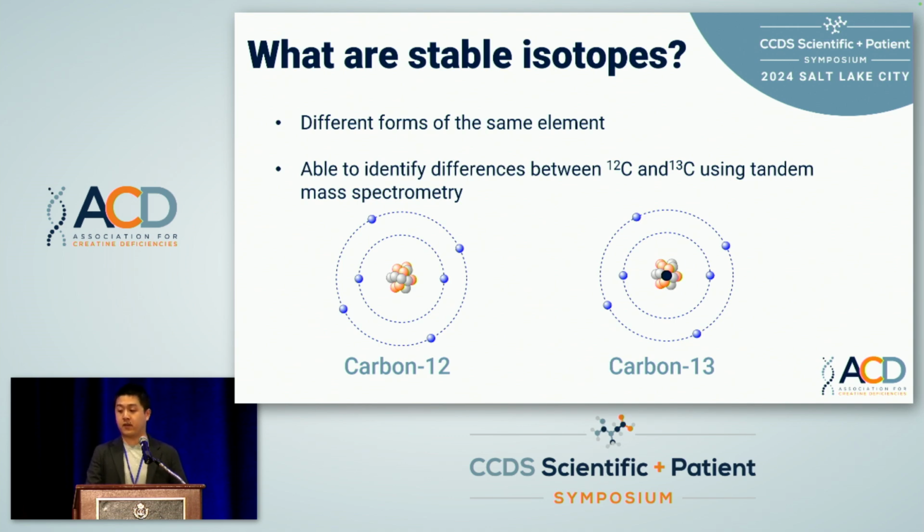Its stable isotope counterpart, carbon-13, instead contains 6 protons with 7 neutrons, therefore giving an atomic mass of 13. As I mentioned previously, tandem mass spec works to identify compounds based on their mass-to-charge ratio. Given that carbon-12 and carbon-13 have different masses, this allows us to differentiate between these two compounds. As such, we can then use stable isotopes as a way to track and measure the production of certain compounds within a cell or within a reaction.